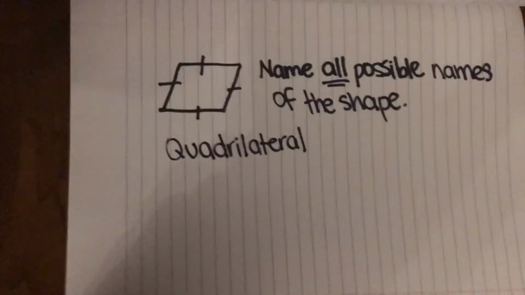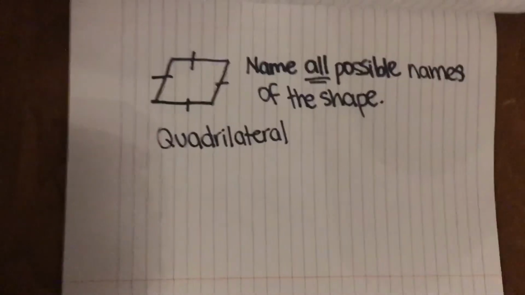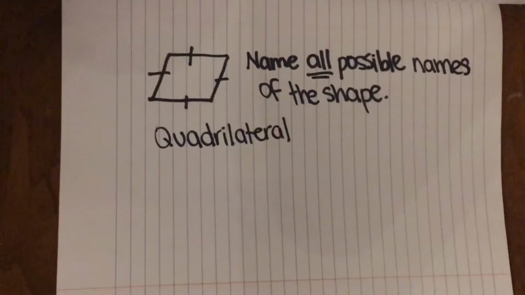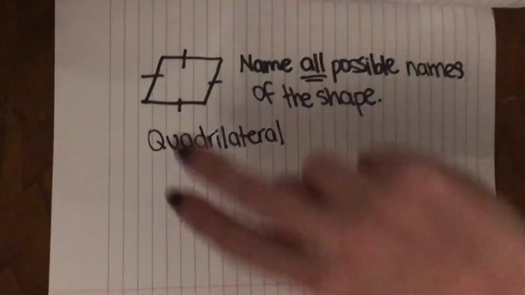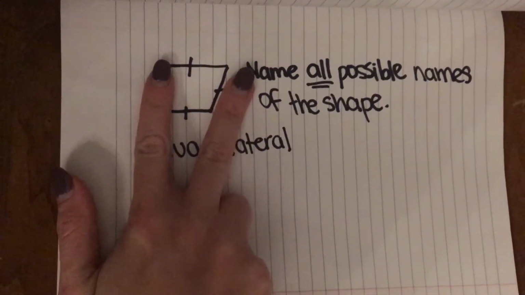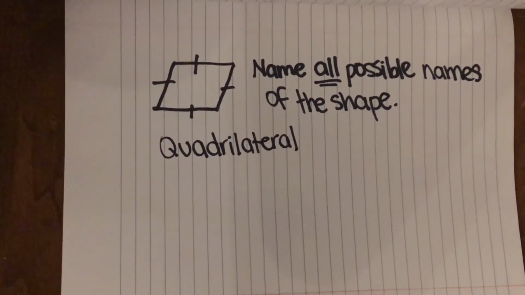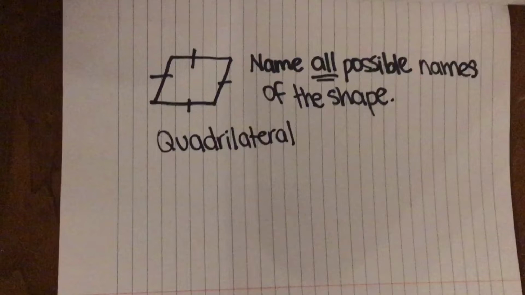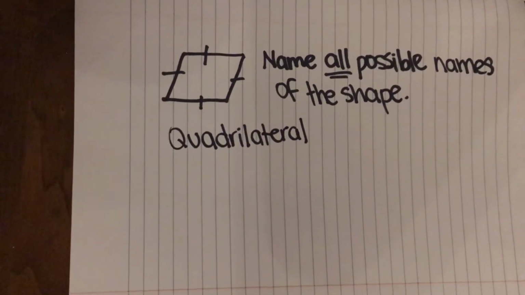Next, trapezoid. So a trapezoid has only 1 pair of parallel sides. So if I look here, well, here's 1 pair, but this one has 2. So trapezoid is out because a trapezoid can only have 1, no more.